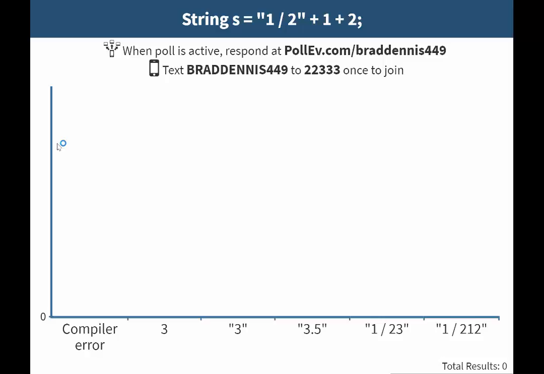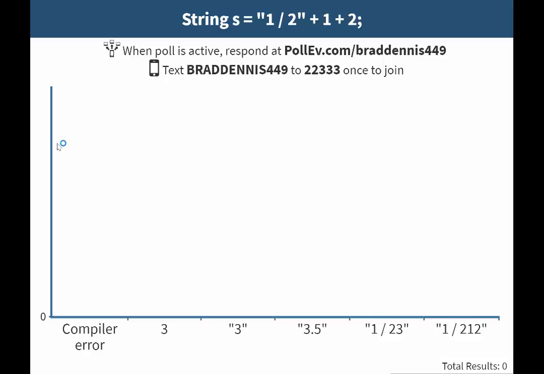Who thinks this will be the string 3? What about the string 3.5? What about the string 1 divided by 2, 3? You? Yeah? Cat? No? What about the string 1/2, 1, 2? Some of you? Not much confidence, right?